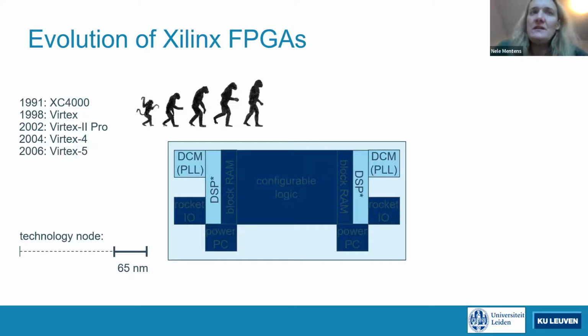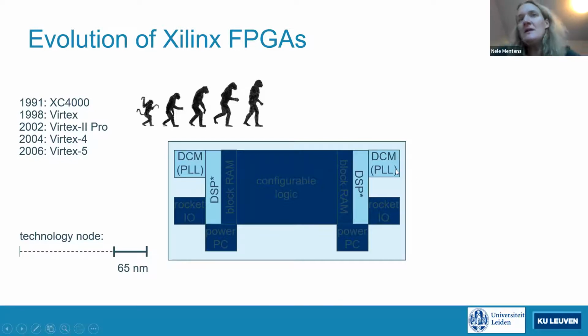Then in the next generation, one thing that changed was that the DSP slices were updated. For example, a pre-addition was added. So instead of a times b plus c, it was now possible to do a plus d times b plus c. And this was useful for multiple applications.